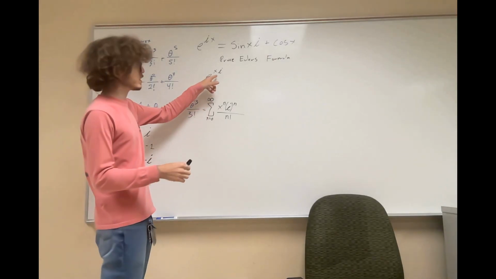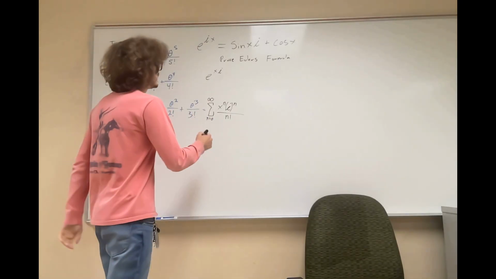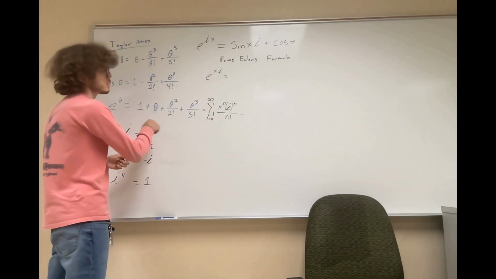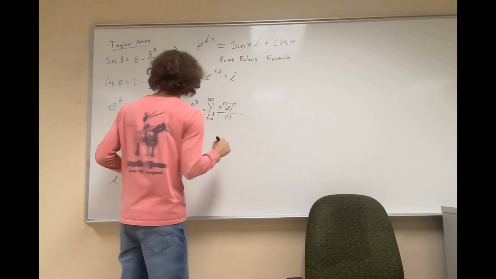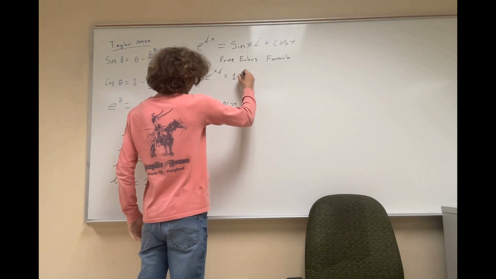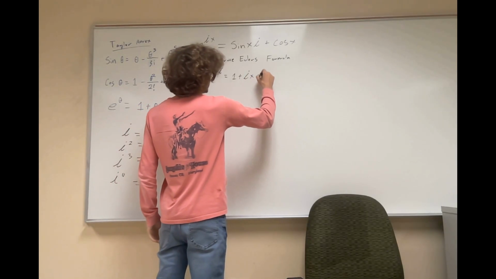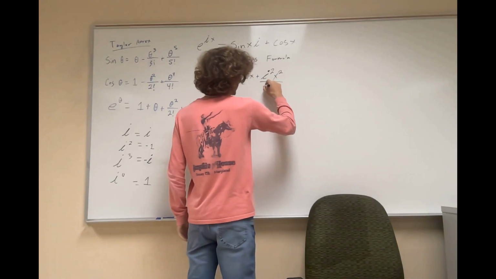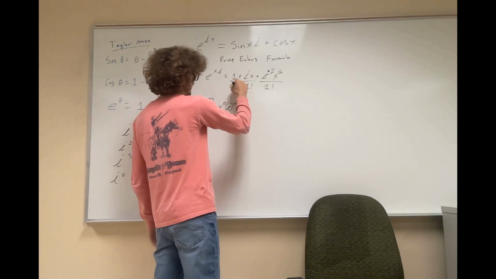When we have this imaginary unit in here, we just add this little i to the n that we can multiply through. So we're going to imagine this but with an i. It's going to look like this: 1 plus i x plus i squared x squared over 2 factorial. This would technically be over 1 factorial, and this would be over 0 factorial.